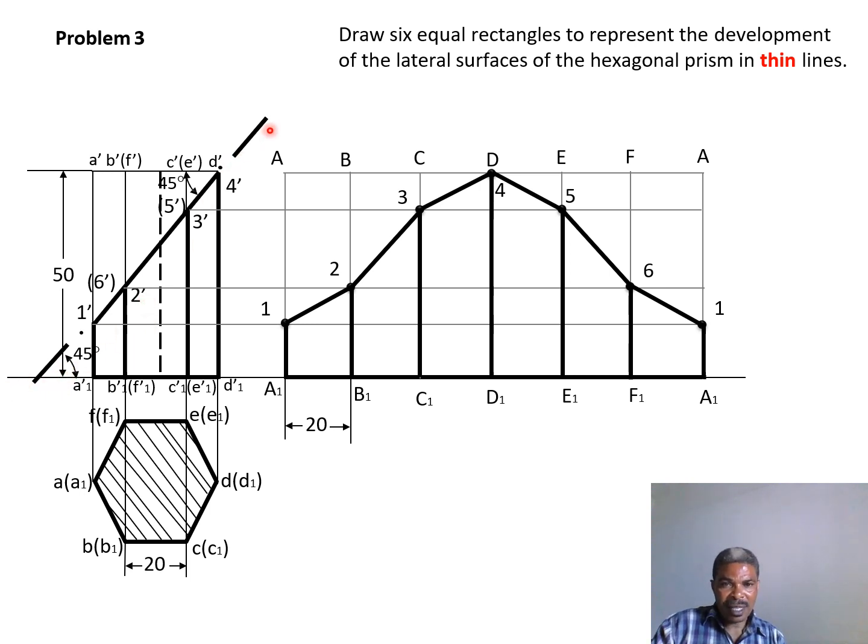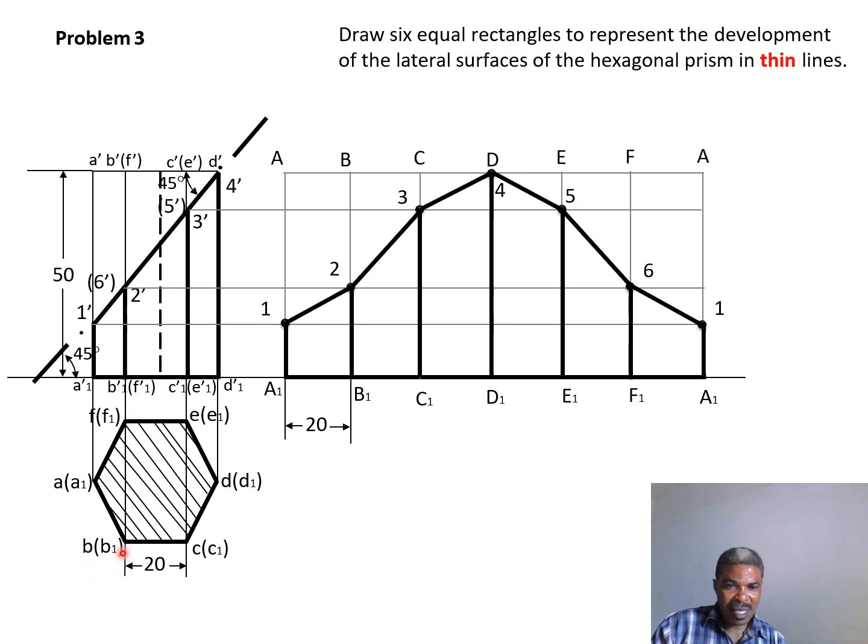So having the truncated prism, the point A, which was projected up until it meets the truncation line here, is labeled 1 dash.